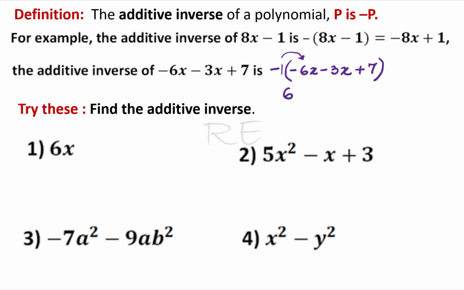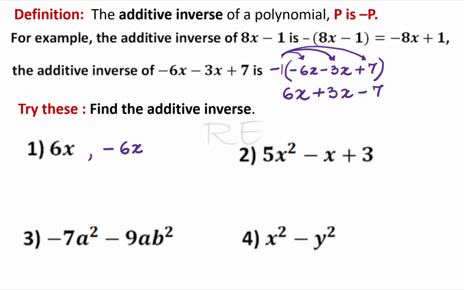When we distribute the negative sign, we'll get the opposite of negative 6, positive 6, plus 3x minus 7. So these two are opposites of each other, additive inverses of each other.